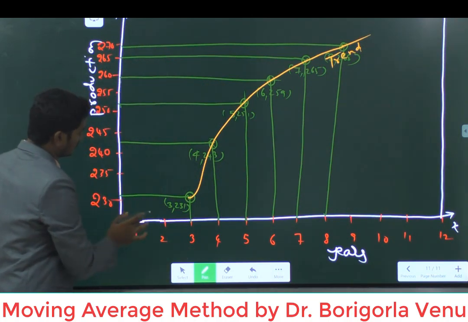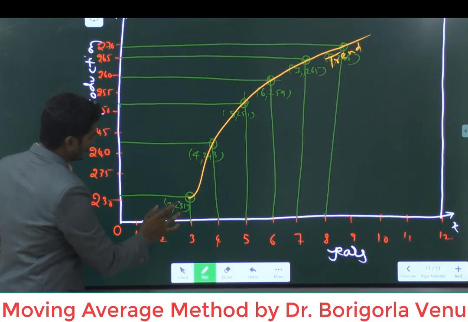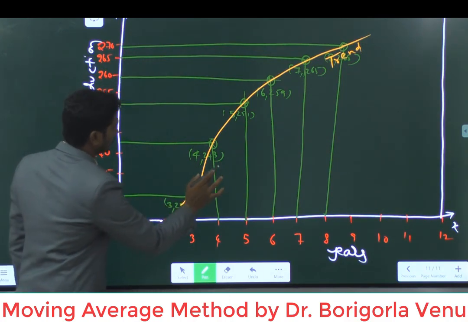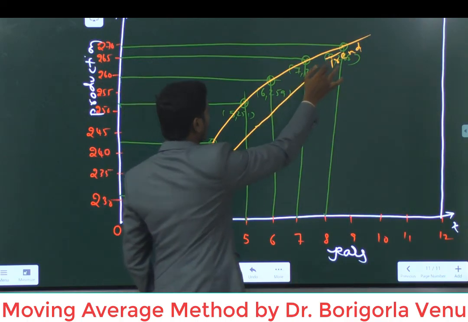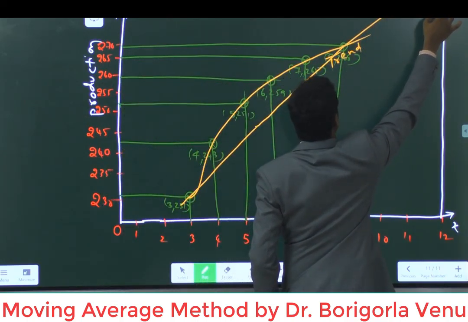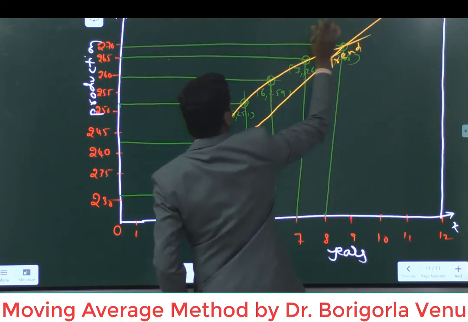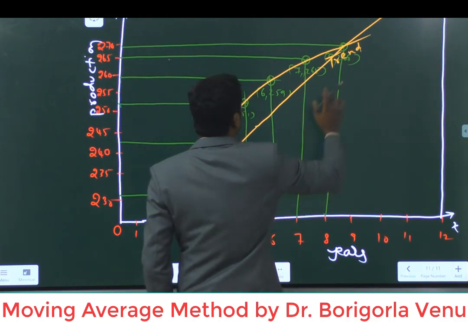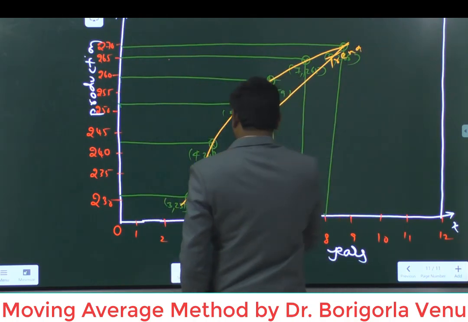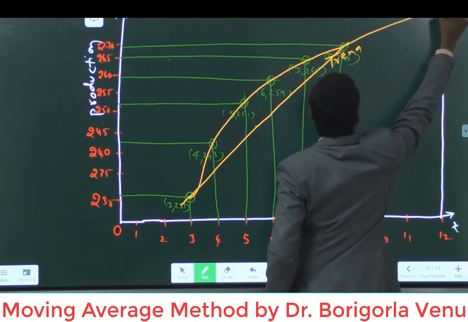Suppose the trend line is like this. The trend may be increased. For example, here I would like to get one value. At this point we join the trend line.